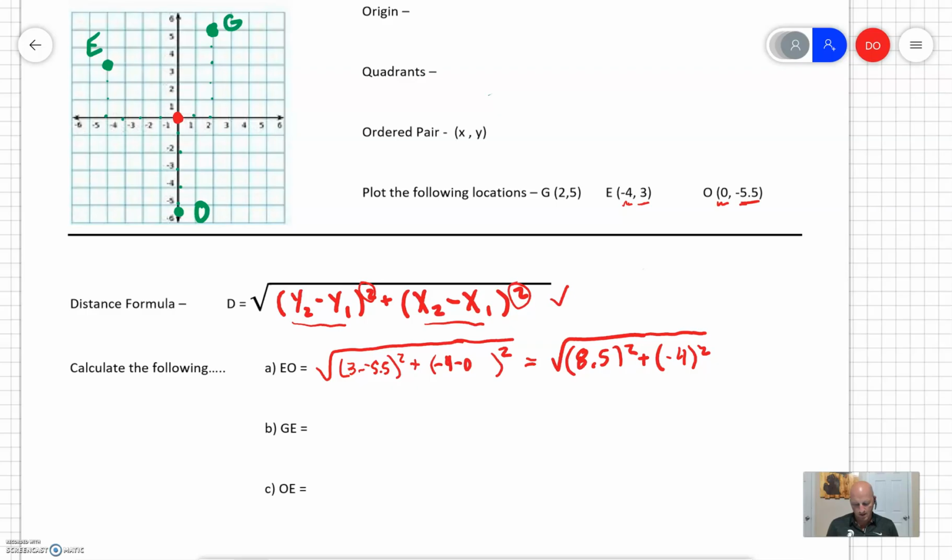So we have 8.5 being squared, we got 8.5 times another 8.5. Looks like 5 times 5 is 25. Doing some old school multiplication here, we have 5 times 8 is 40, plus 2 is 42. Then we have 8 times 5 is 40.